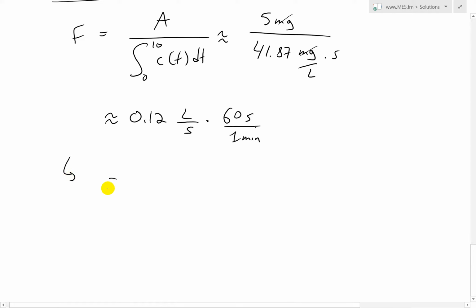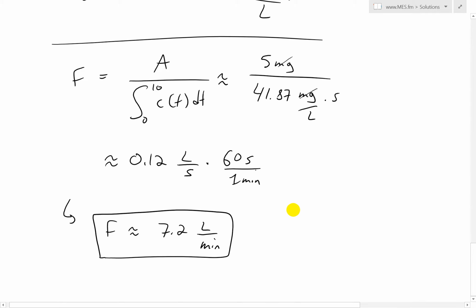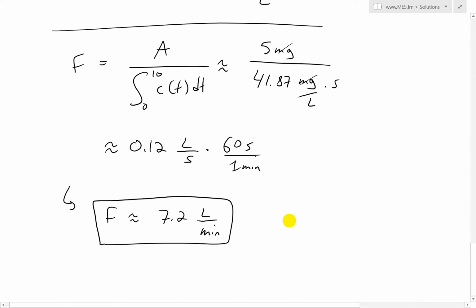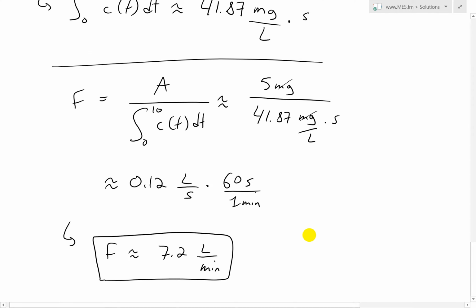The final cardiac output is roughly 7.2 liters per minute, a more sensible number that's easier to understand. That's almost 2 milk jugs of blood that your heart pumps every minute, which is quite amazing.